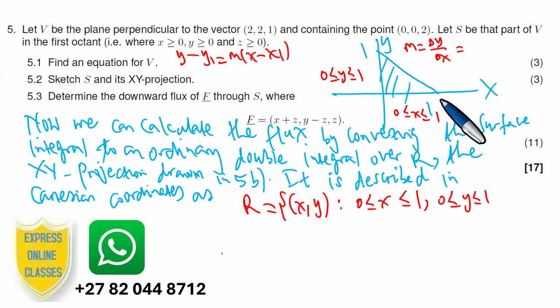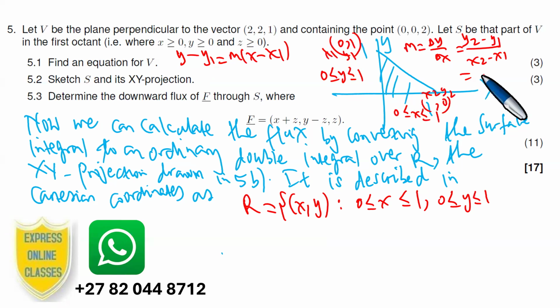This point has the coordinates 1 and 0. This one, 0 and 1. Which means y2 minus y1 over x2 minus x1. y2 is 0, y1 is 1, divided by x2 is 1, x1 is 0, which is minus 1.